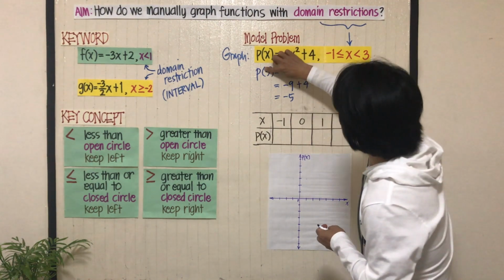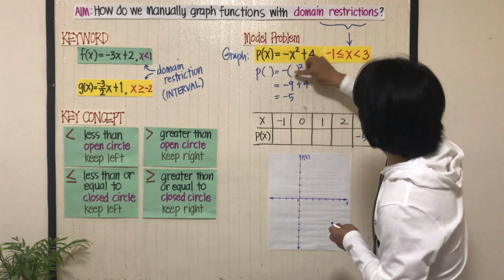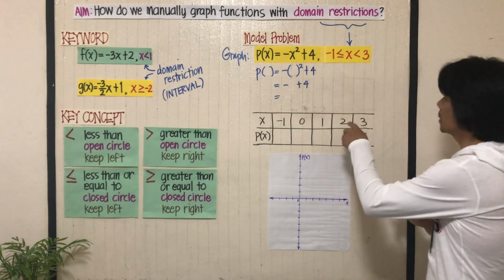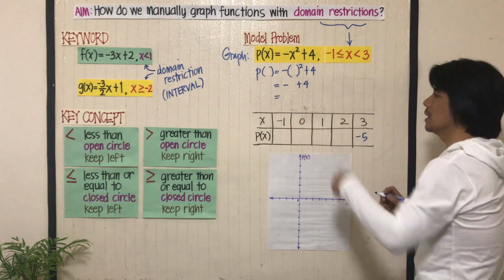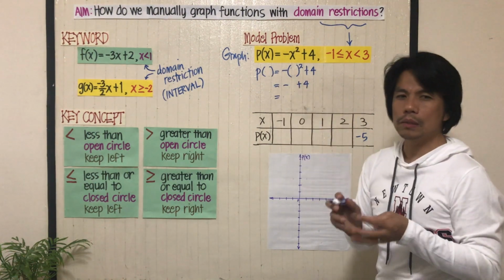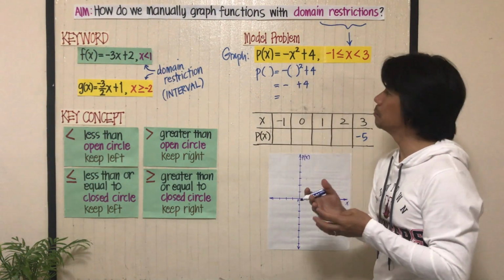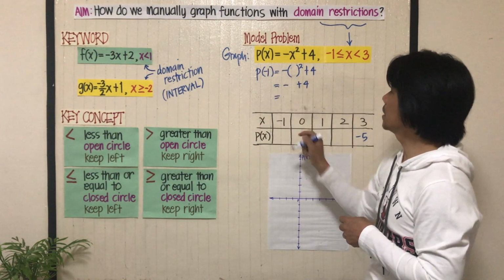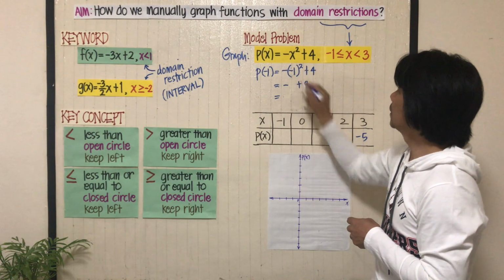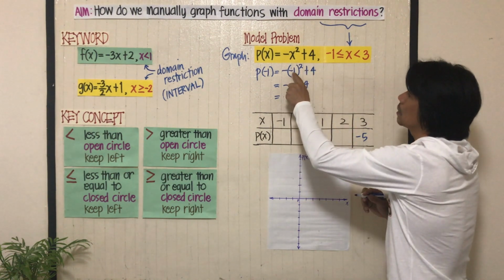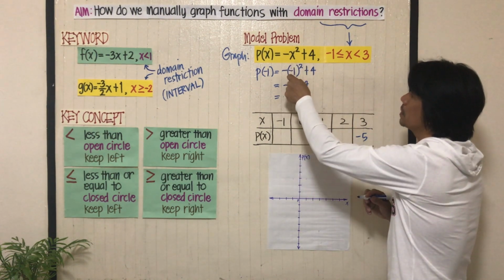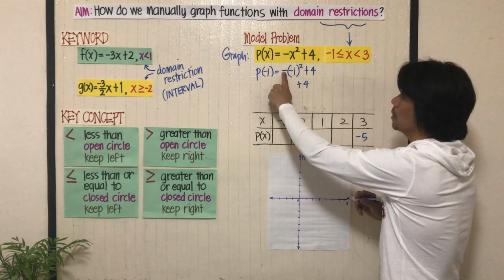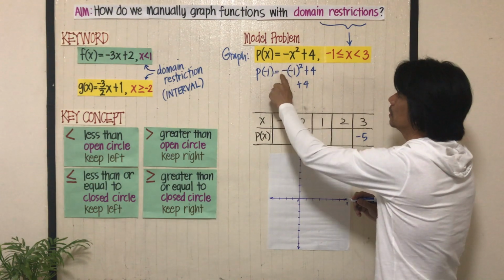Let's do the second one. Instead of 2, let's take the -1, because usually students mess up with negative numbers every time we substitute. Let's do that together. So again, we are putting -1 inside the parentheses, but we still need to keep the negative outside the parentheses because that's originally there.